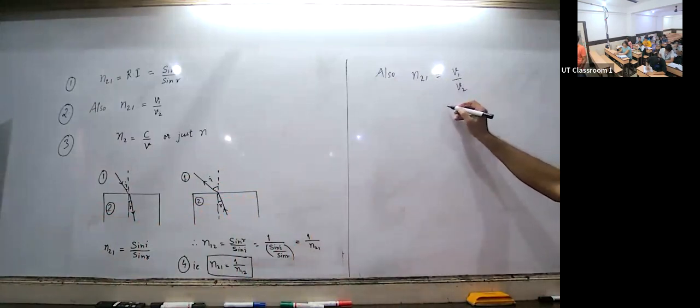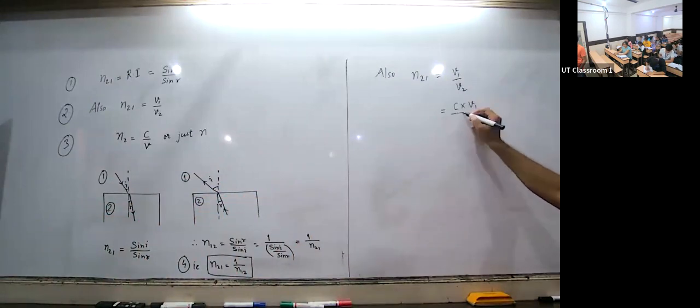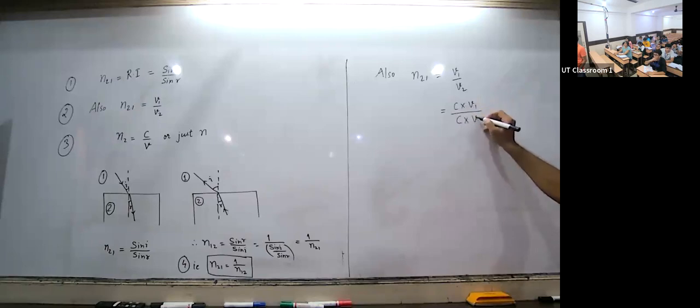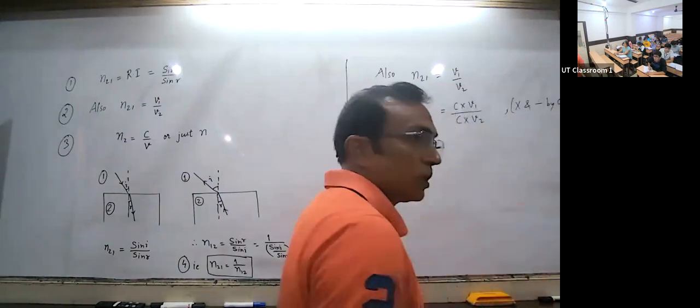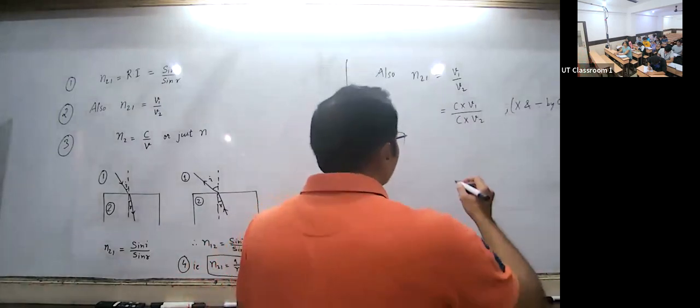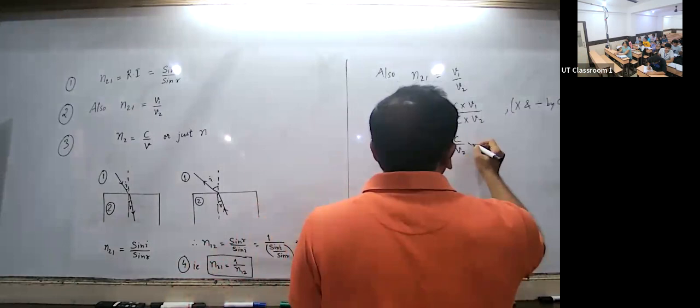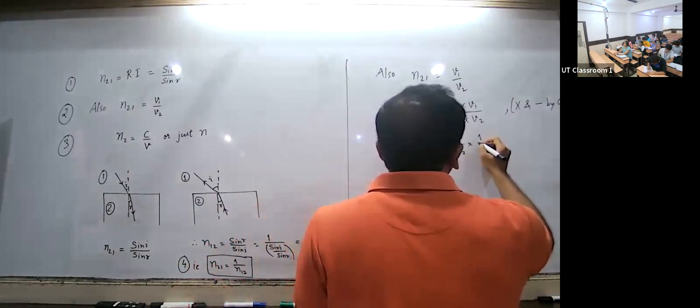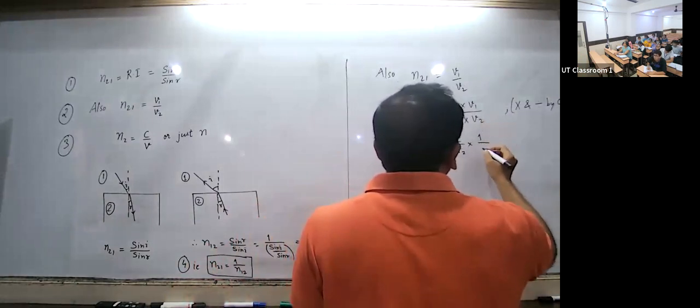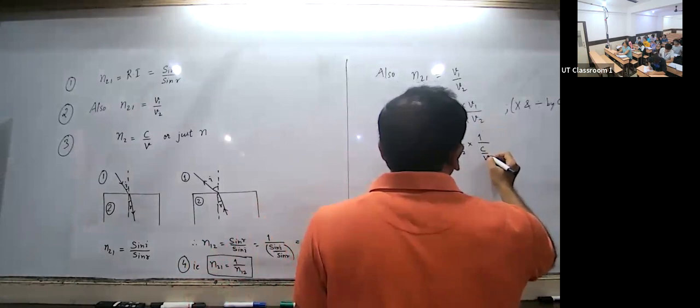So multiply and divide by C. This is equal to C. Multiply and divide by C. We can do this. Now let's rearrange. This will be C upon V2 into 1 upon C upon V1.